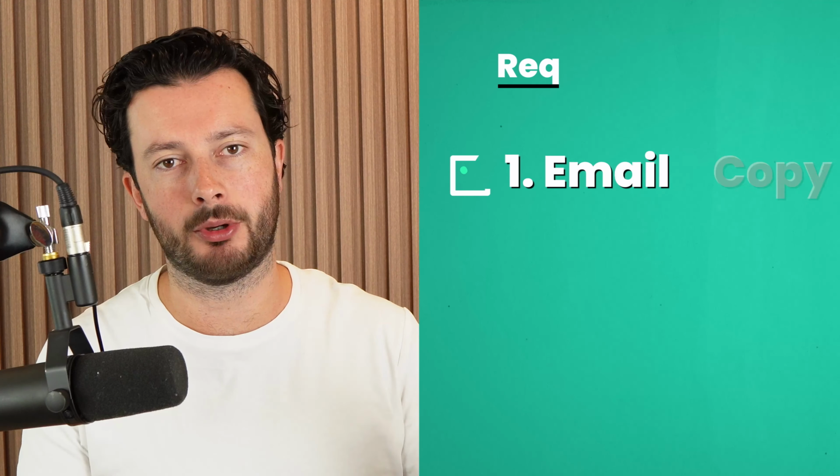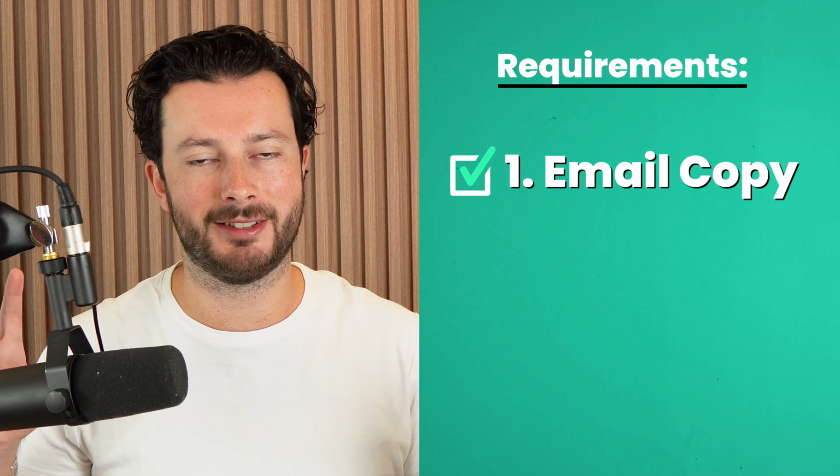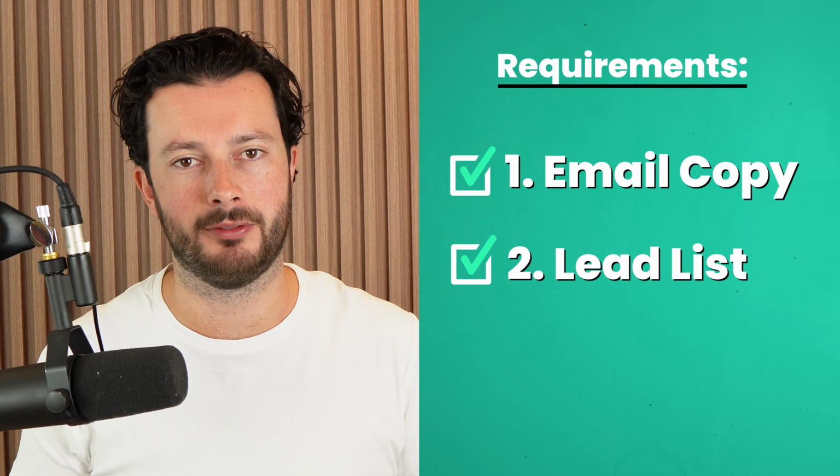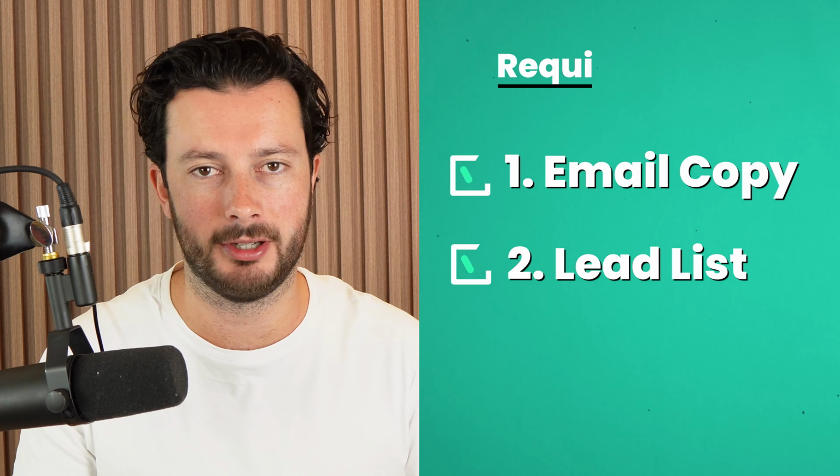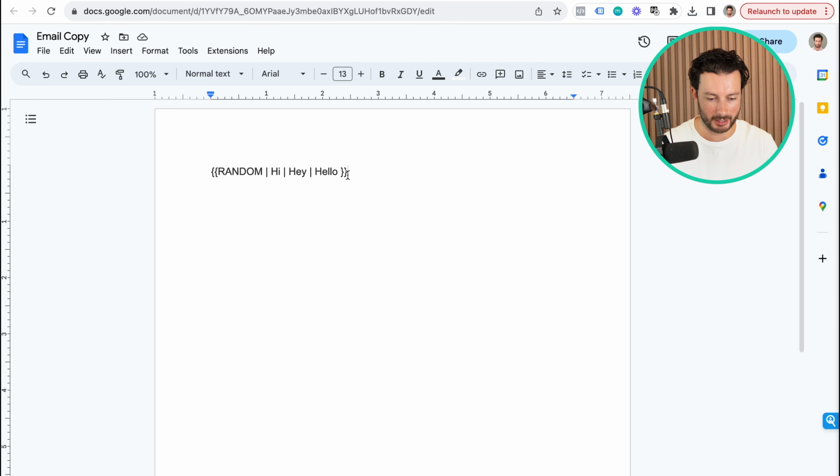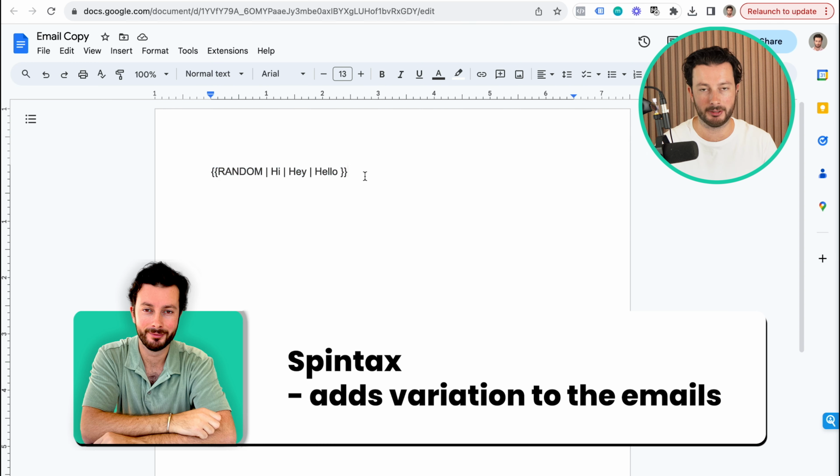So the first thing you want to do is make sure that you have your email copy and your lead list ready to go before you even log into Instantly. If we look at email copy, just sharing my screen here, as you can see, we've got these things called spin tags. This is something that is built in directly to Instantly.